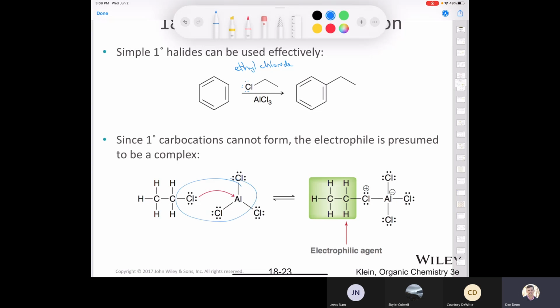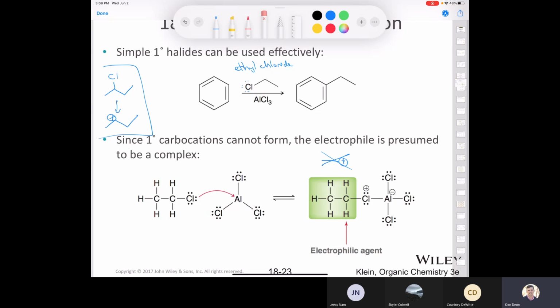It's going to donate a pair of electrons, and you're going to end up with this. Now, notice that when we had the sec-butyl, our electrophile was this. Well, that's not going to happen with ethyl chloride because you're never going to form this. That's a primary carbocation. We do not see those in organic chemistry.